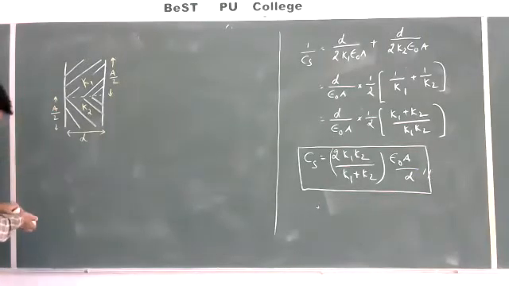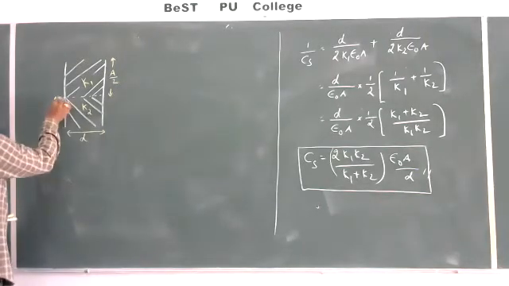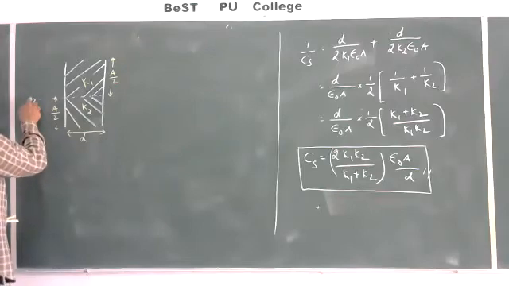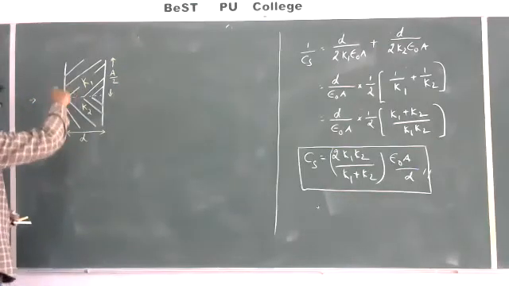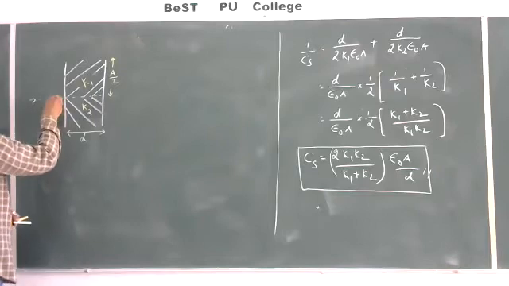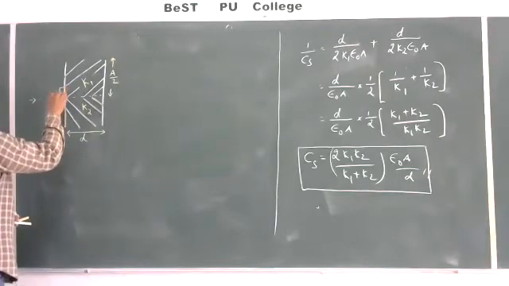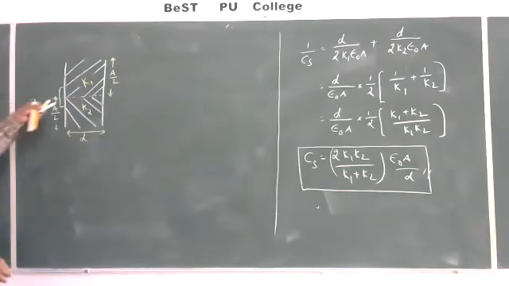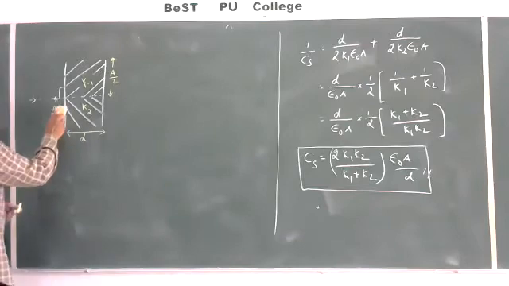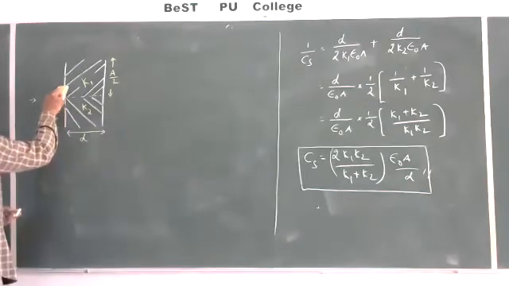If I send a charge, this charge will divide now. The charge will divide like this. That's why now the two capacitors C1 and C2 are parallel.